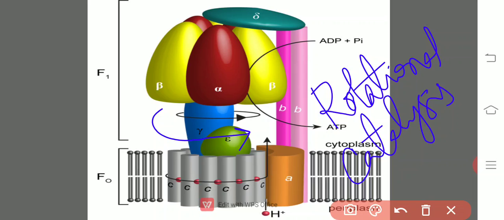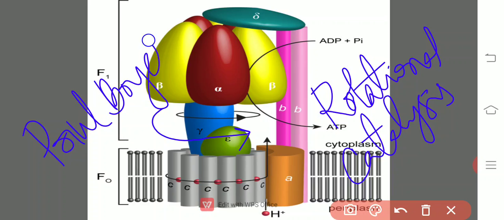Such a kind of phenomenon is known as rotational catalysis. This theory was proposed by Paul Boyer. Paul Boyer proposed the rotational catalysis theory.